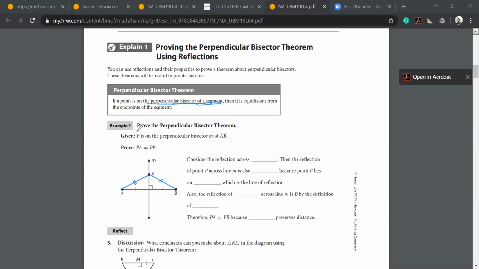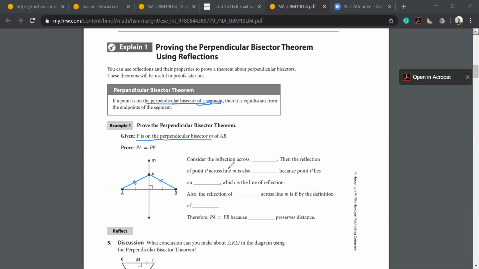What is my given? My given is that point P is on the perpendicular bisector of AB. This is the first event that happened. What we need to prove is that PA is exactly equal to PB.